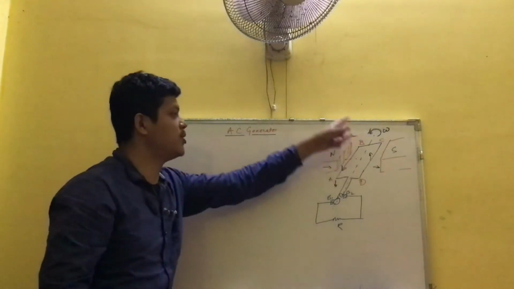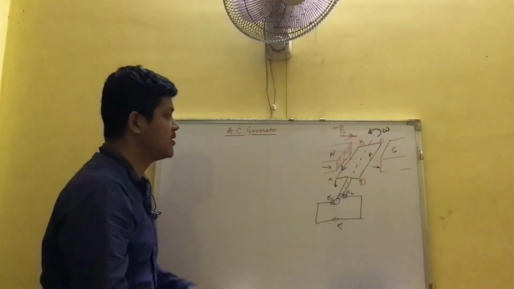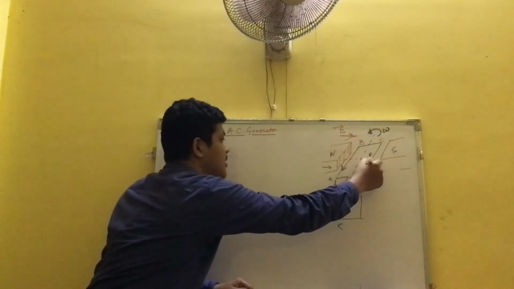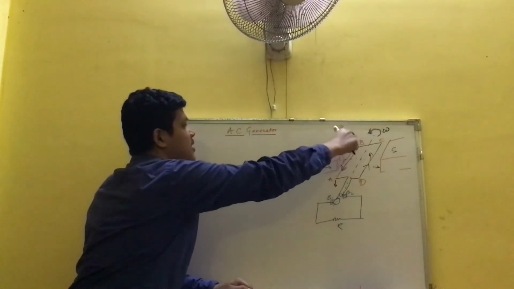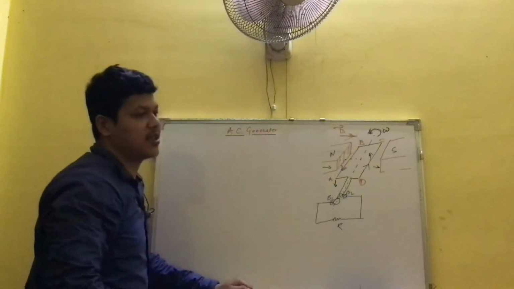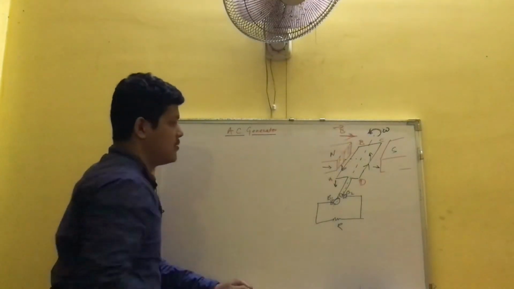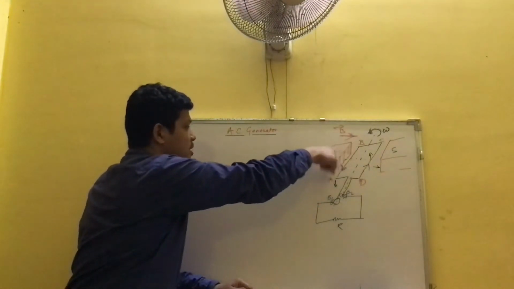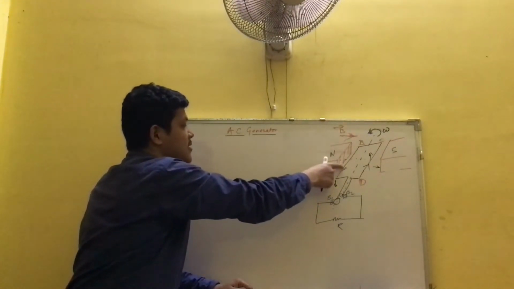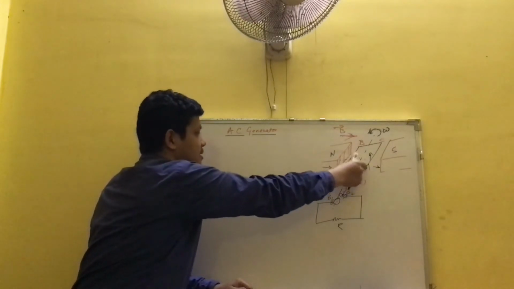That's why definitely the direction of induced current will be opposite, because the magnetic field in both cases is in the same direction, right? But one is pushed downward, the other is pushed upward. If this is the direction of current here, then there the direction of current will be opposite.